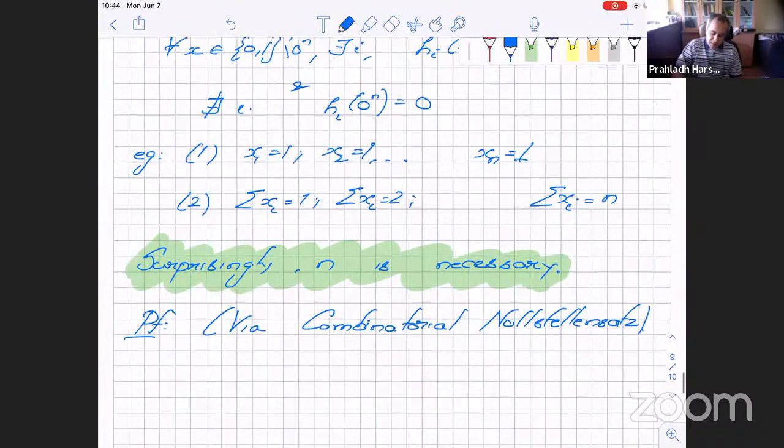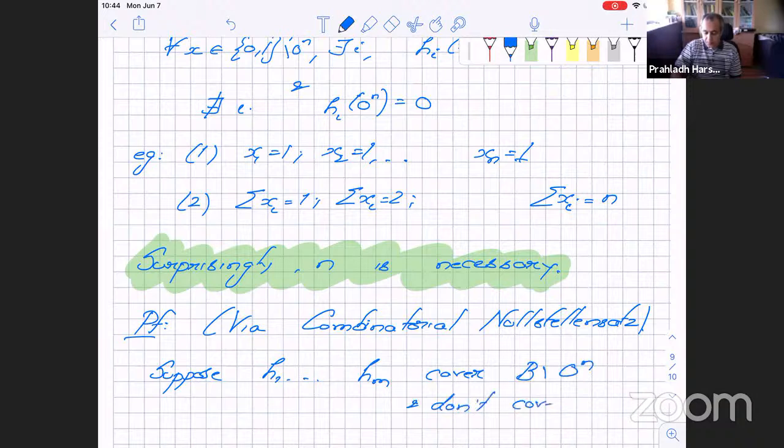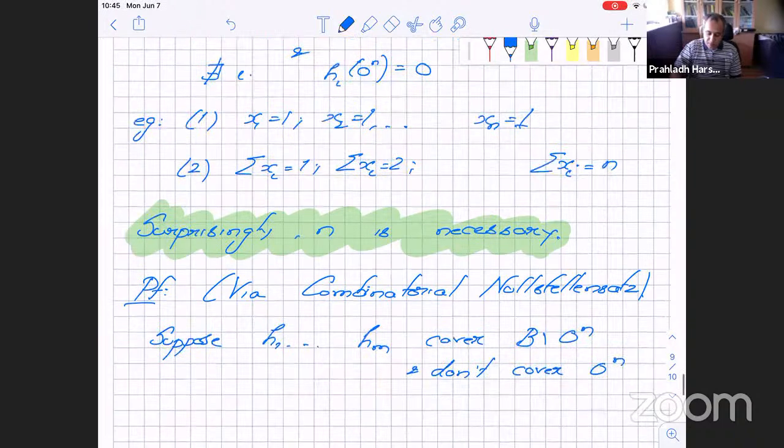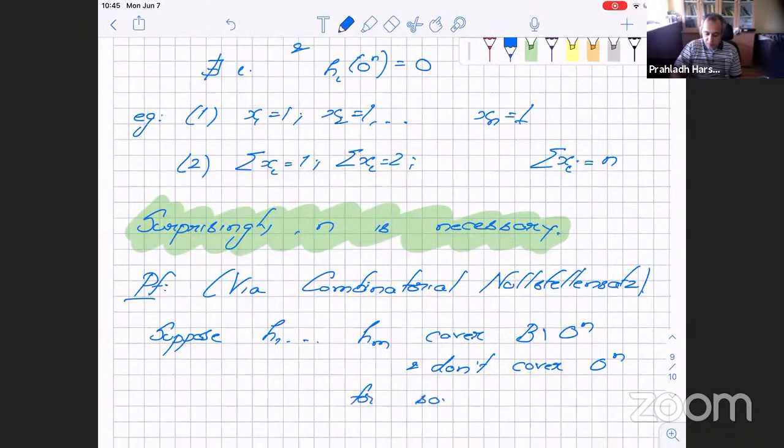So suppose h1, h2, up to hm cover the cube minus the origin and don't cover the origin, for some m which is strictly less than n.